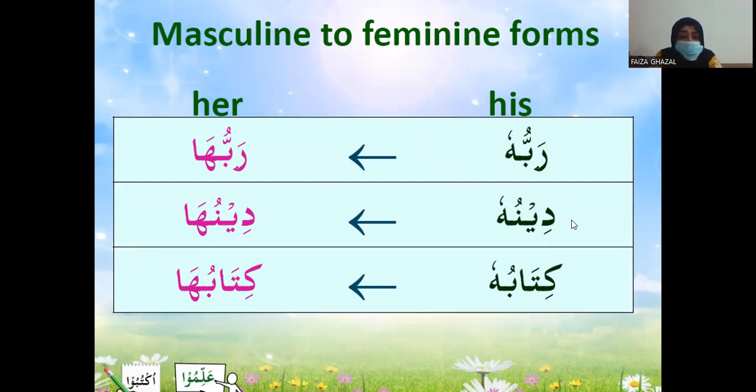Next slide is masculine to feminine forms. How do we convert his to her? We have just seen in the previous slide; now we will do both masculine and feminine. Rabbuhu, his Rabb, Rabbuha, her Rabb. Dinuhu, his deen or his religion, and Dinuha, her religion. Kitabuhu, his book, and Kitabuha, her book. I will choose who will revise this.